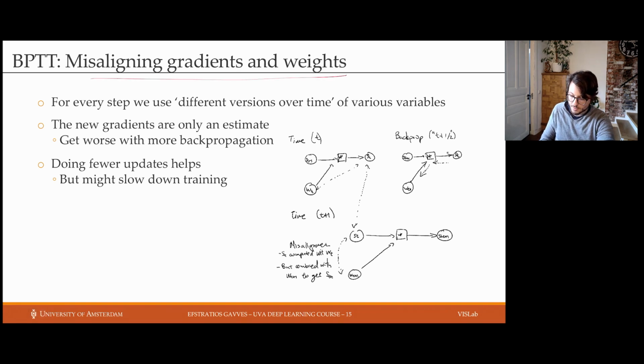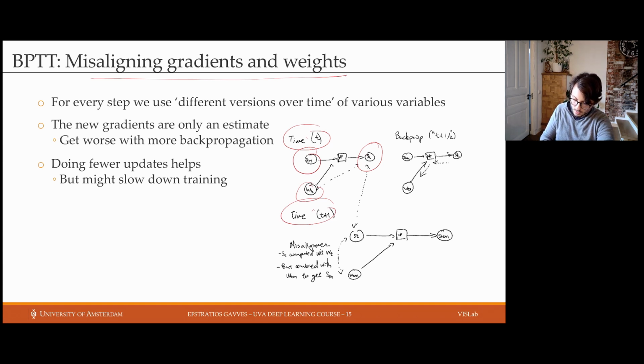The problem of misaligning gradients and weights is a subtle one. For every step, we use different versions of variables over time. Let's say that we're at time step t here. We use the weights that we have at this moment, after t time steps of updates, and then we multiply these weights with our previous state to obtain our new state.